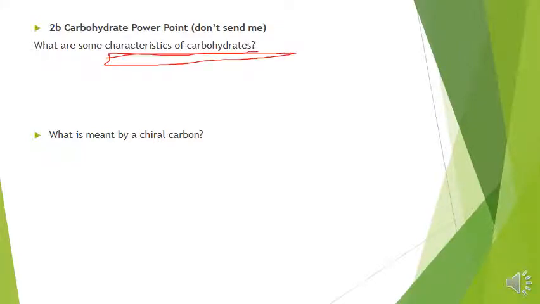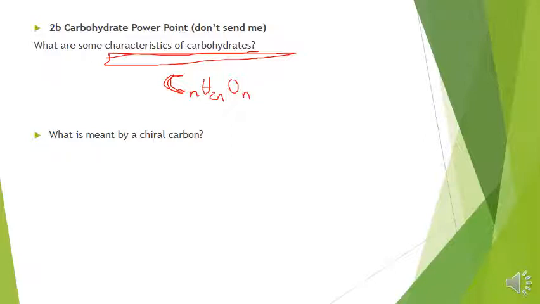Characteristics of carbohydrates: one thing is that the monosaccharides will always have this kind of formula, where n is the number of carbons. So if I know the number of carbons, I know the number of hydrogens, which is twice that amount, and oxygen is the same amount as carbons.